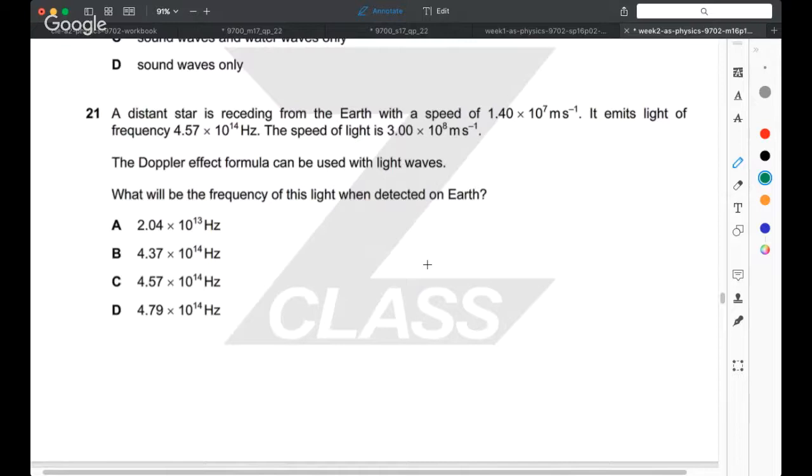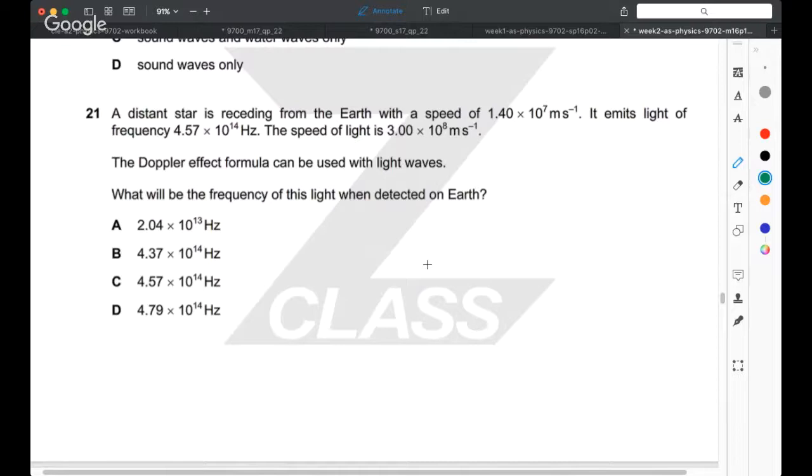Doppler effect formula. So what is the Doppler effect? The further away something gets, the more stretched its wavelength is.